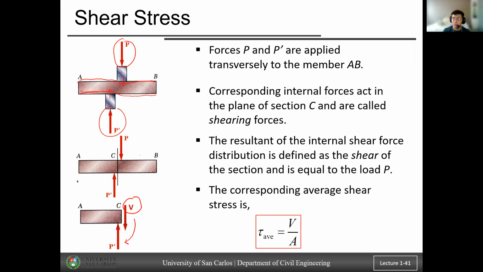It's similar to what we discussed last meeting on normal stresses, where the force is just normal, right? The force is perpendicular to the area.